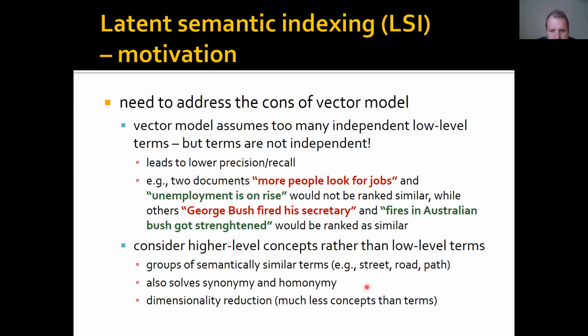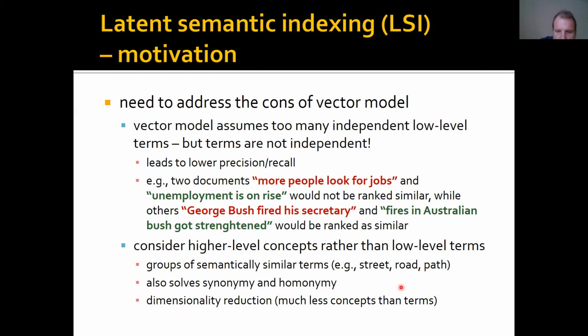They will group similar terms by semantics, not just by the matching of lexical forms. As such, it also solves synonymy and homonymy, and it has many other effects. And because there will be a much smaller number of high-level, more general concepts, it is also the reason why we get a method for dimensionality reduction.